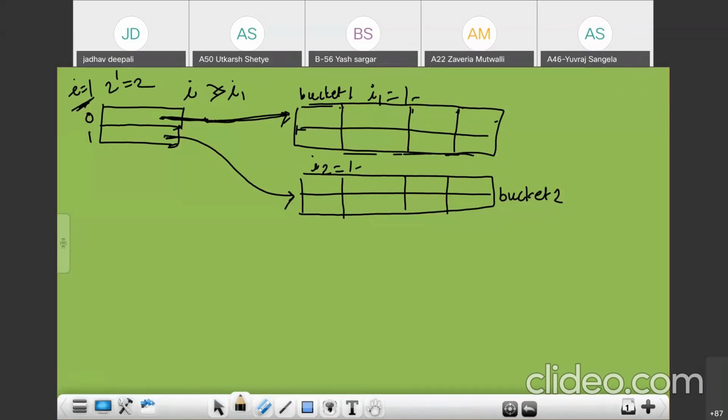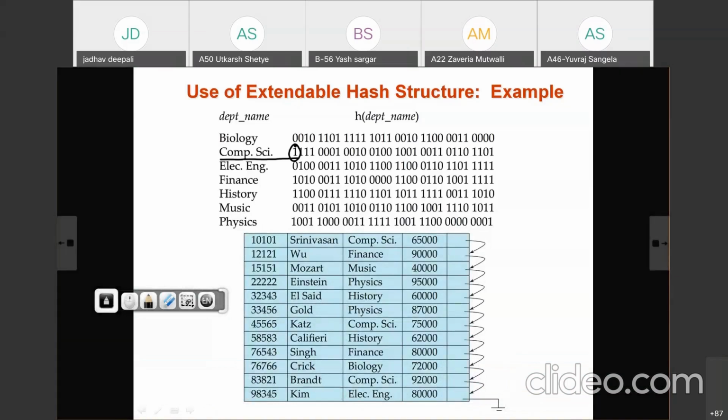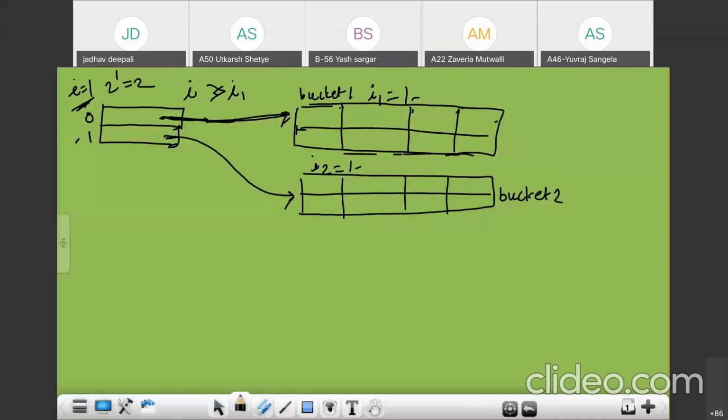Now the first one is computer science, Srinivasan. The first bit of the hash value is 1, so accordingly follow the pointer 1: 10101 Srinivasan, computer science, 65,000.